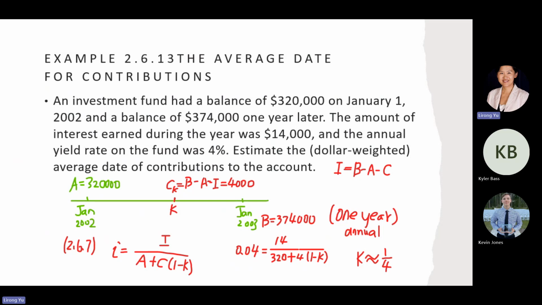Okay, so that's like trying to figure out what time that contribution should be, and then we have to check what we know and what we do not know. In this case, we have the annual yield of the fund, right?